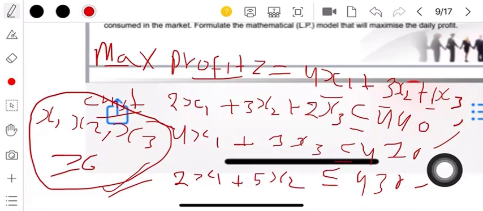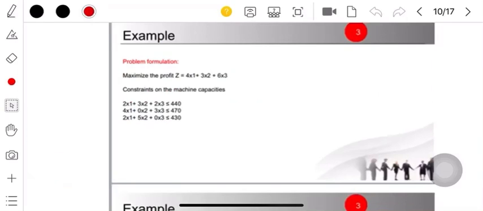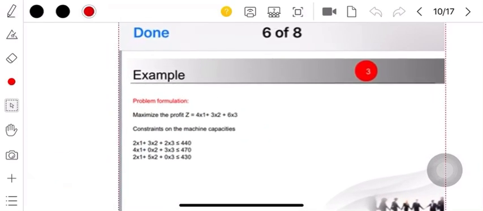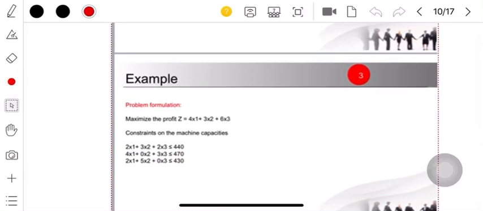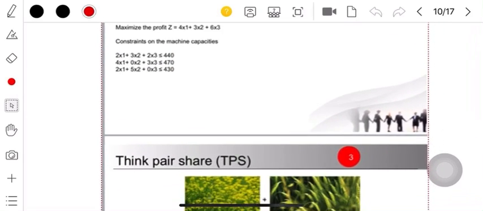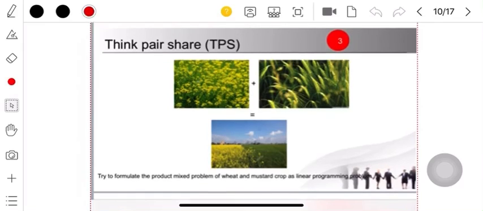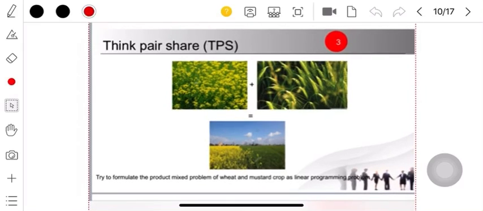Now I just want to give you a few assignments, just a simple problem that you need to do at home. Here you can see I have just formulated this problem. You will be aware of the farmers: this is mustard and this is wheat.